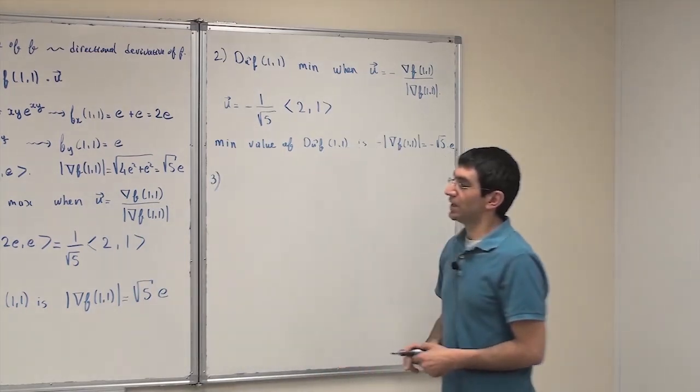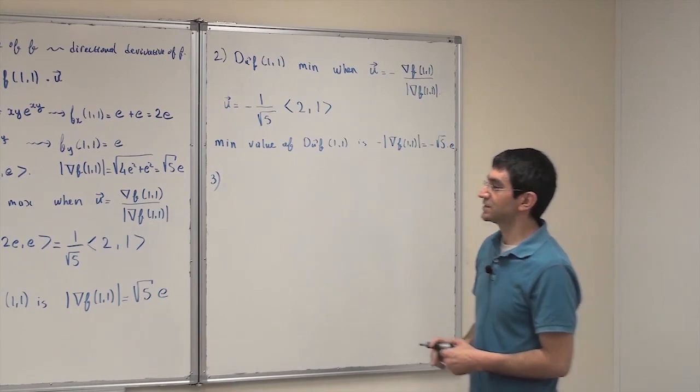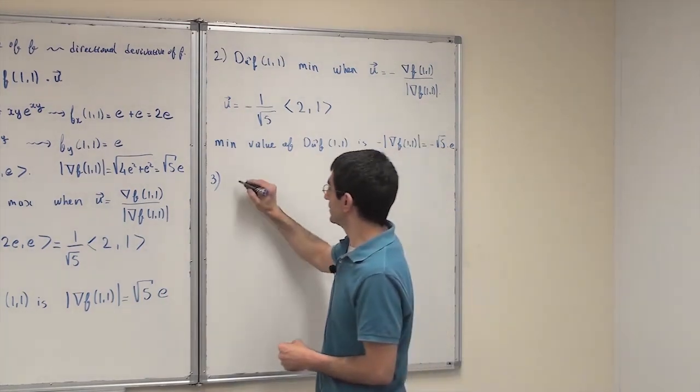Now, the last part, we'd like to find the directions in which the rate of change is 0.